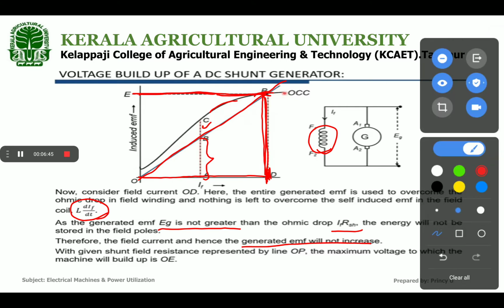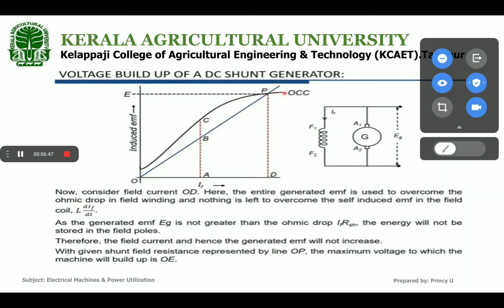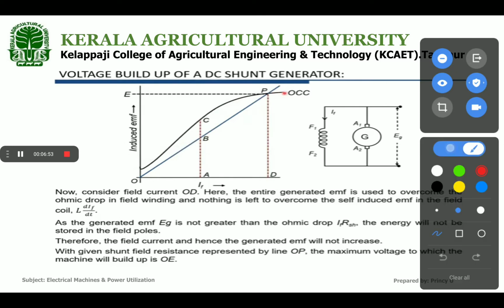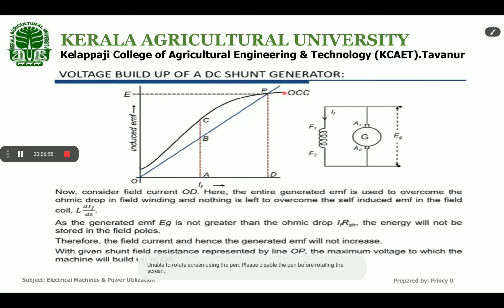If we draw a line through the origin with slope equal to the shunt field resistance value, the point where that line intersects the OCC characteristics is this point P. At this particular point, the voltage OE is the maximum voltage that can be built up by the generator by itself.